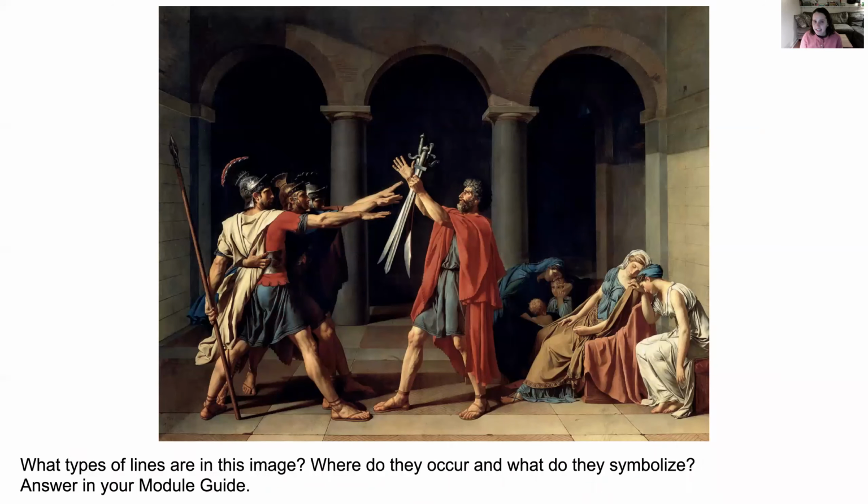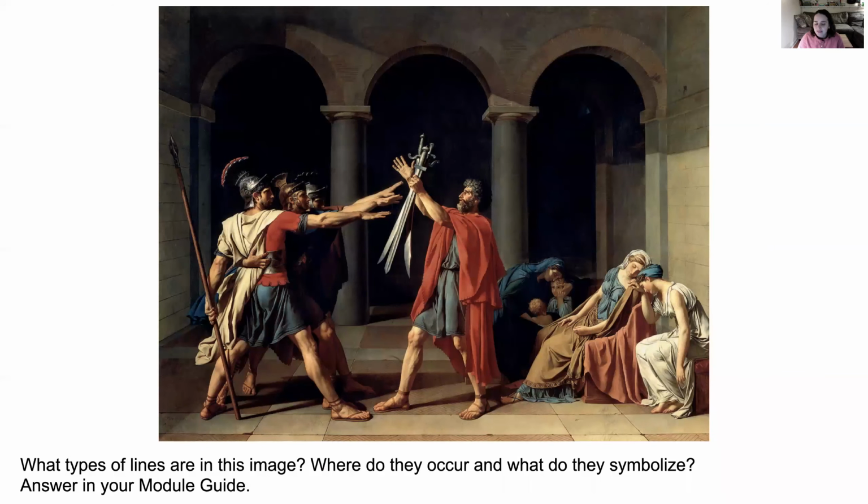So if we have a look at this image, there's a number of different implied lines happening here, and all of the ones that I just mentioned. If we start with the most basic, every line here would be an implied line.